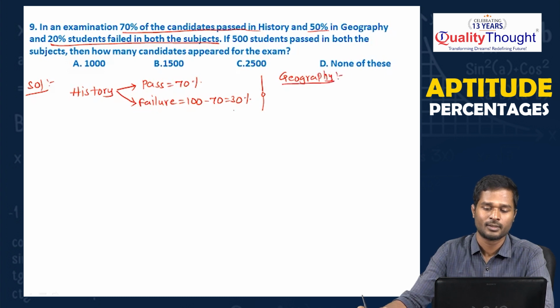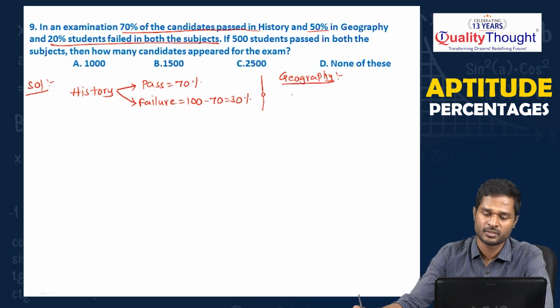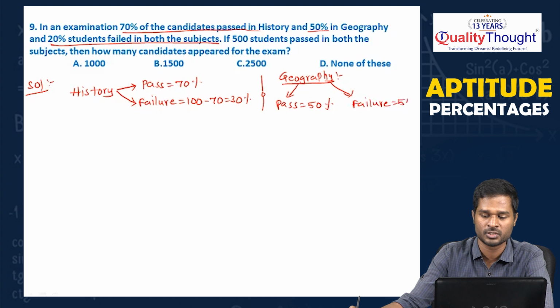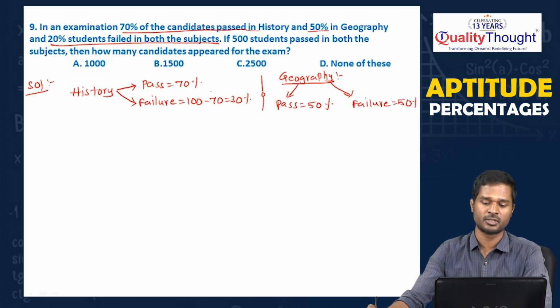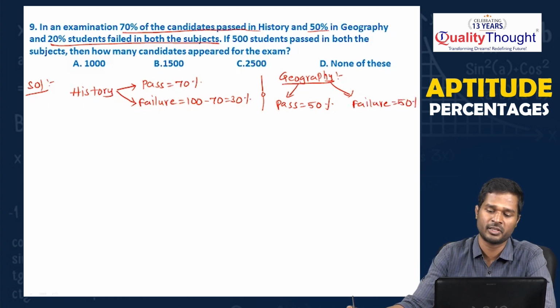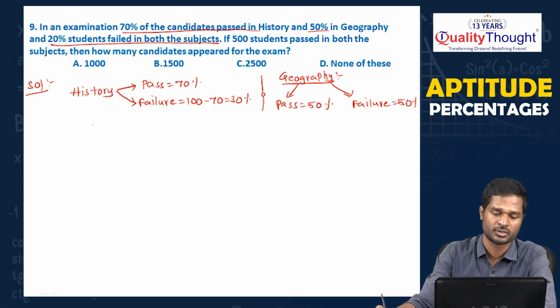For geography, the pass percentage is 50. So, the failure percentage will be another 50, because the total percentage is 100. If 50% passed, the failure percentage will be another 50%.